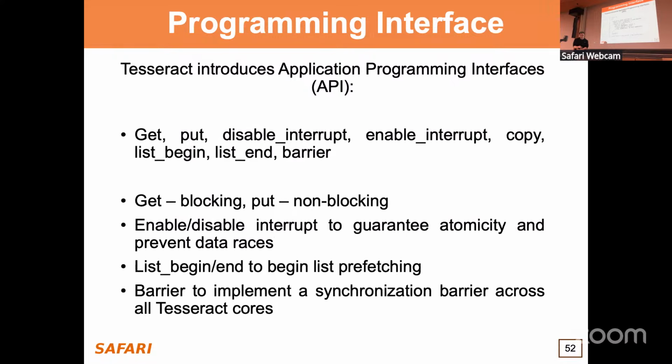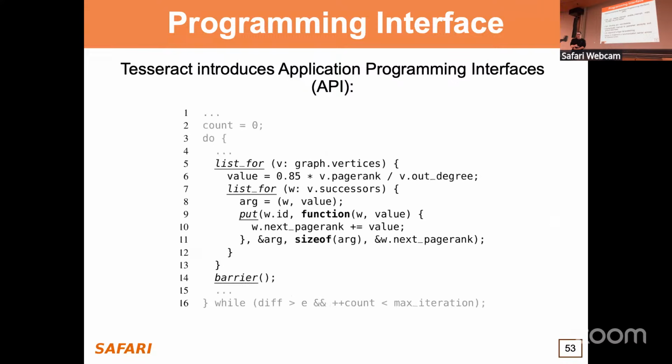Yeah, they introduced these functions, and we saw the skeleton before for the PageRank computation. And this is basically what it would look like with the use of Tesseract. They have their own application programming interface, and it would not make it too much more complicated. I think this could even be somewhat automated without too much work.